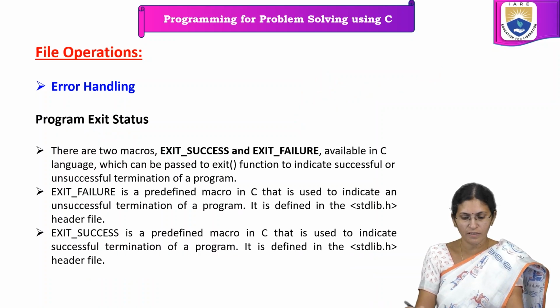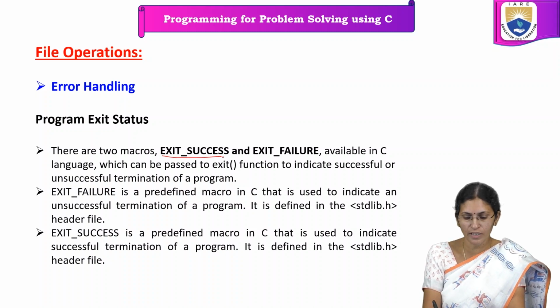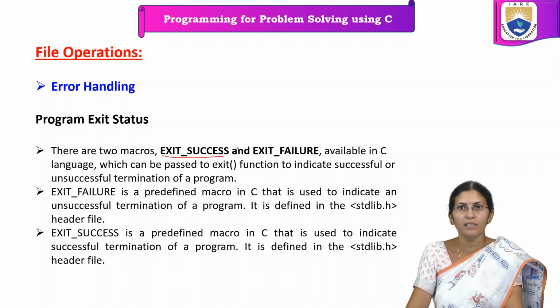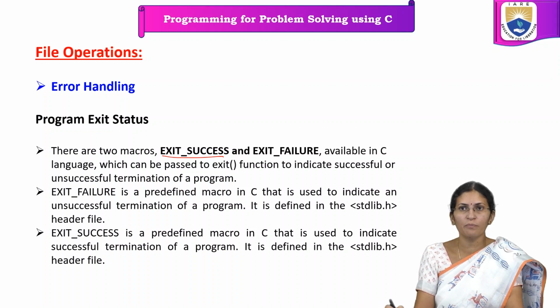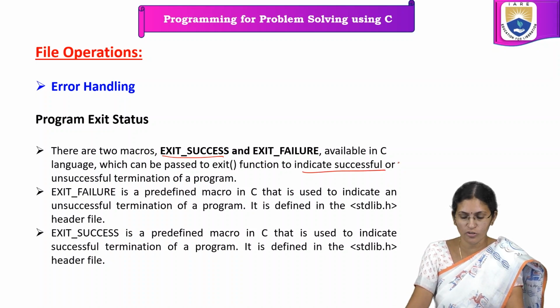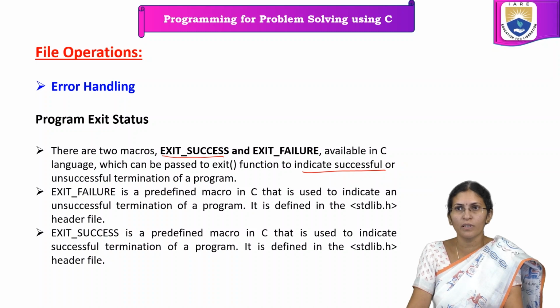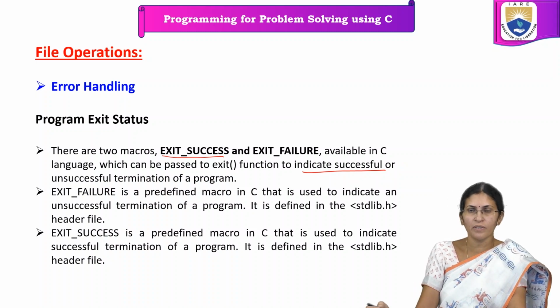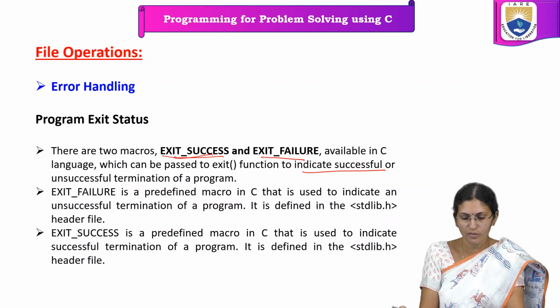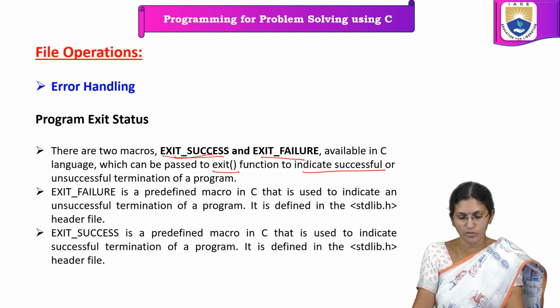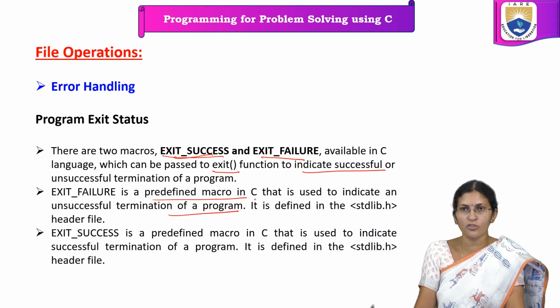Next one is program exit status. There are two macros, EXIT_SUCCESS and EXIT_FAILURE, which are available in the C language. These can be passed to the exit function to indicate successful or unsuccessful termination of the program. EXIT_FAILURE is a predefined macro in C which is used to indicate unsuccessful termination of the program.